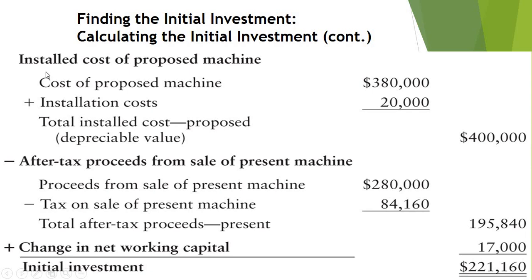So here is the calculation. Installed cost of the proposed machine: cost of the proposed machine is $380,000 and installation cost is $20,000. So total installed cost of the proposed machine is $400,000.